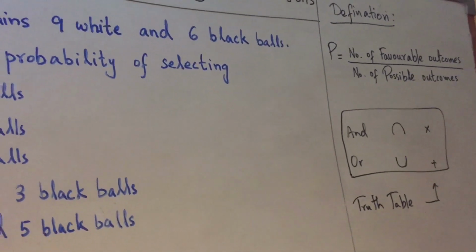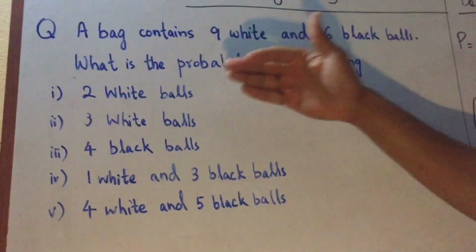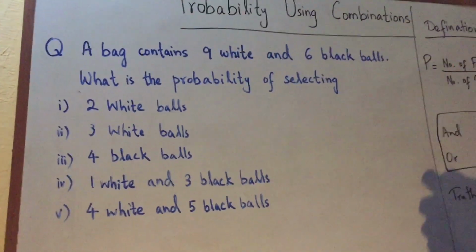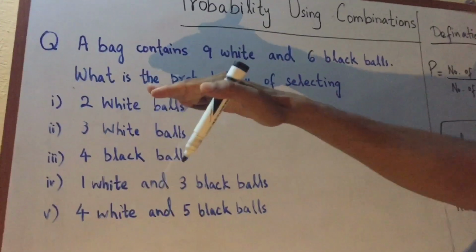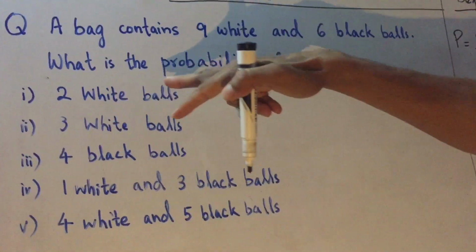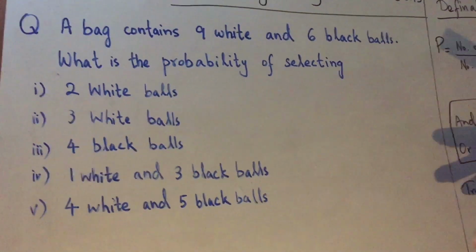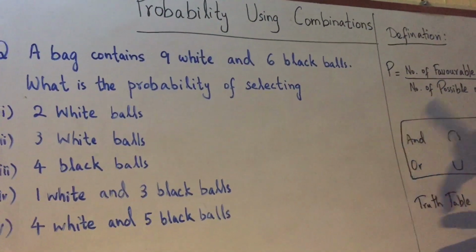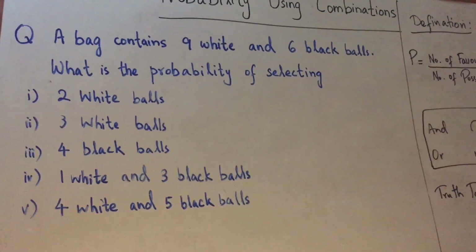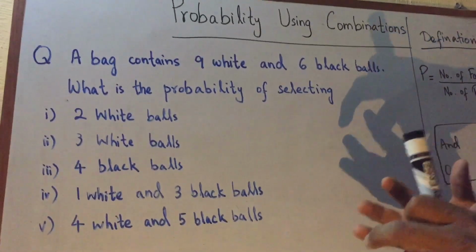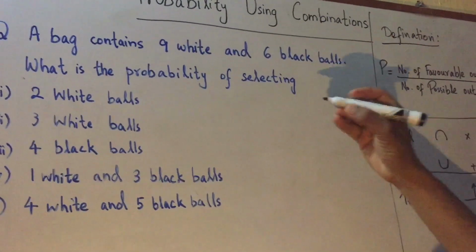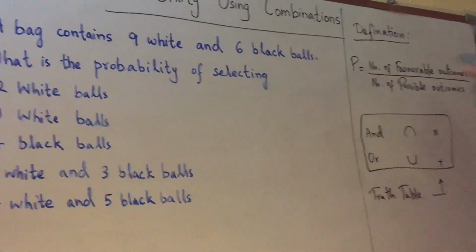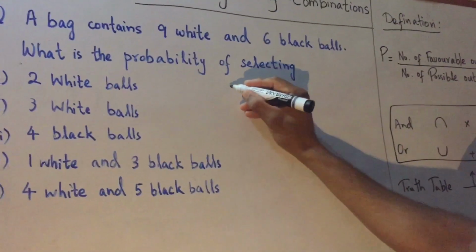Okay, now I'm going to solve these 5 parts. First, the probability of selecting 2 white balls. In the bag we have 15 balls. According to the formula, number of favorable outcomes divided by number of possible outcomes.